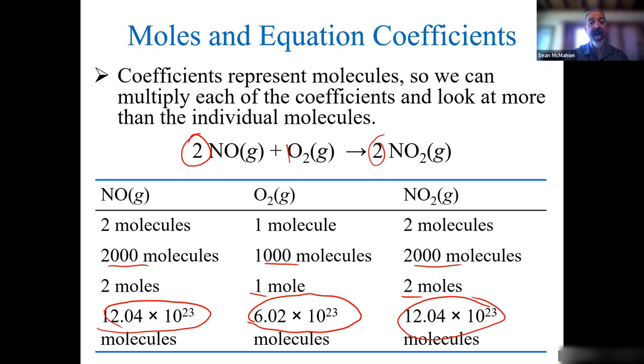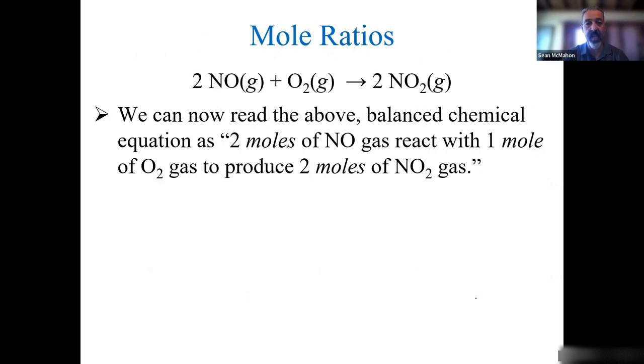We're looking at these coefficients as mole ratios with one another, and then we can take our periodic table and calculate molar mass to figure out how many grams of each. So we can now read the above balanced chemical equation as 2 moles of nitrogen monoxide gas react with 1 mole of oxygen gas to produce 2 moles of nitrogen dioxide gas.